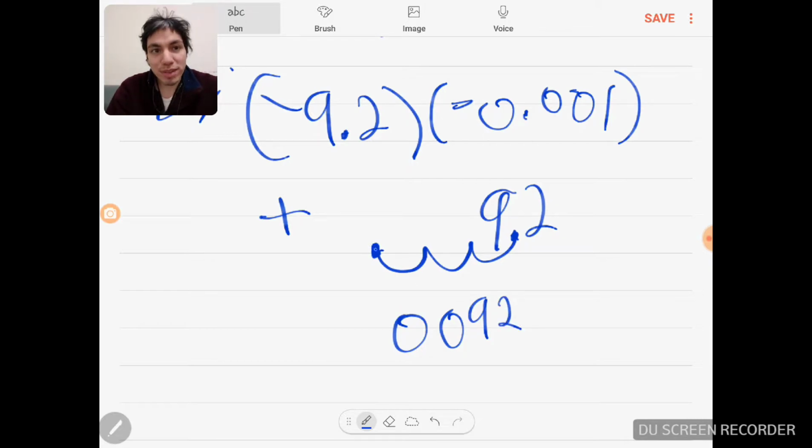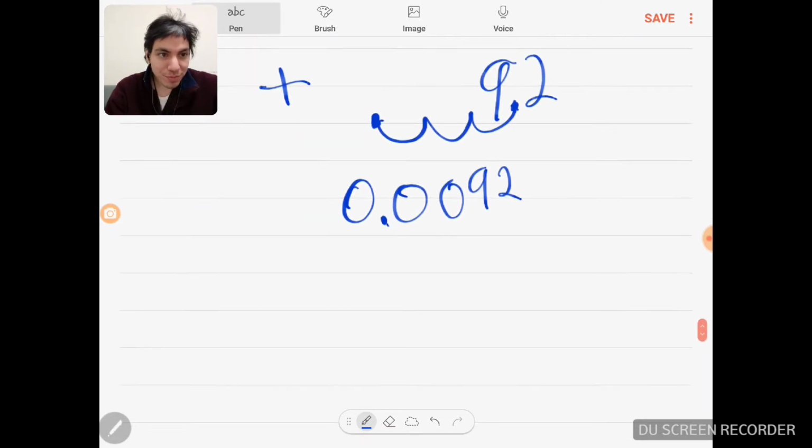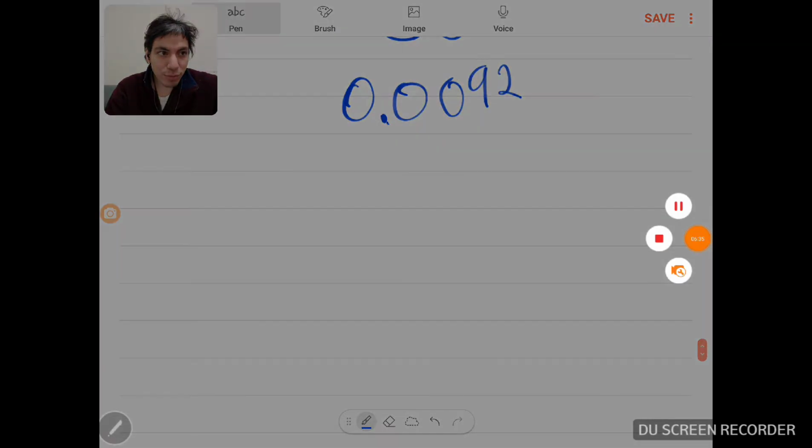You're going to put the point here, but then you're going to add another 0. Why? Because remember, there's always a whole number part to the decimal point. There's always a whole number part to it and a decimal part as well. Kind of like a fraction, where a fraction will always have a whole number part and a fraction part to it. Make sense?